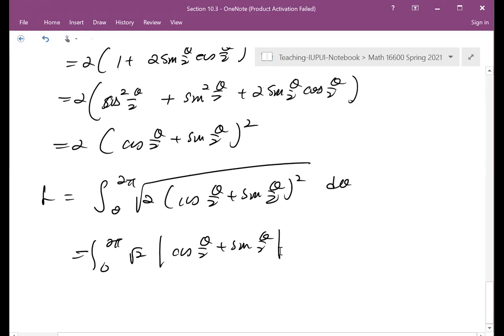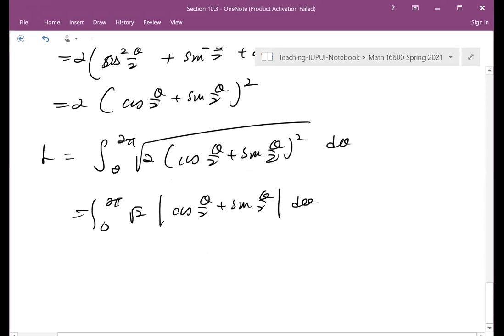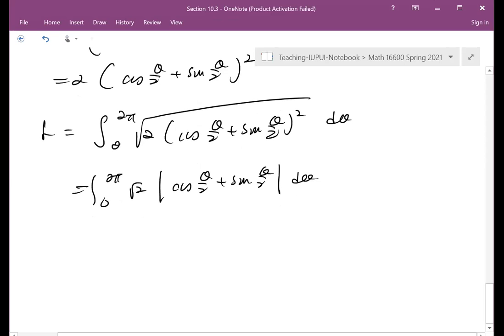Otherwise, you probably end up with 0. Unless you are sure this is definitely positive, but it's not clear to me. You have to divide it into cases, whether it's positive or negative.